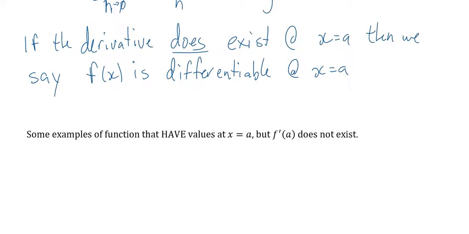So for any negative values of x, the derivative won't exist because the function doesn't exist. So we're only talking about examples of functions that have values at x equals a, but the derivative does not exist at a.